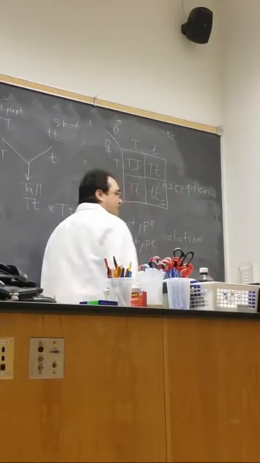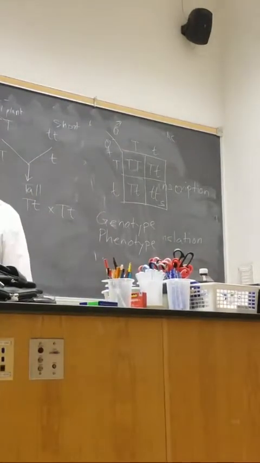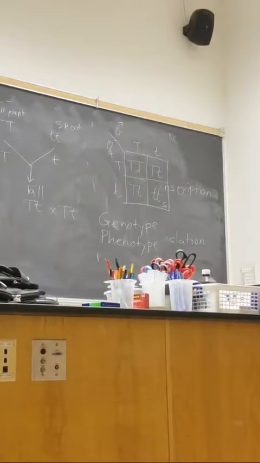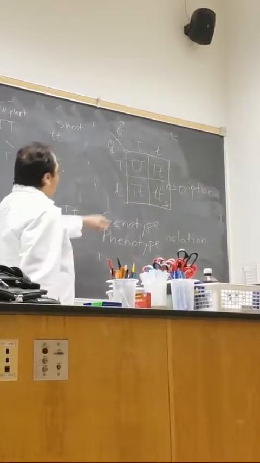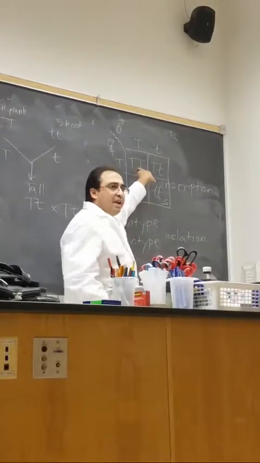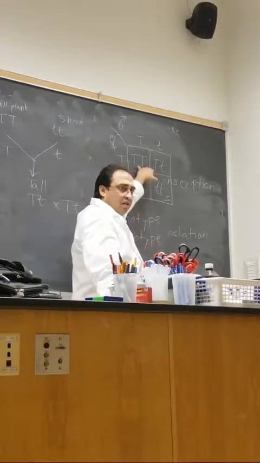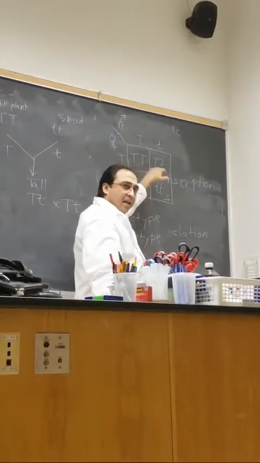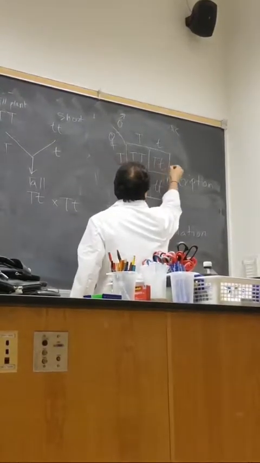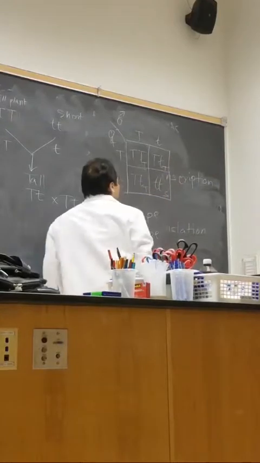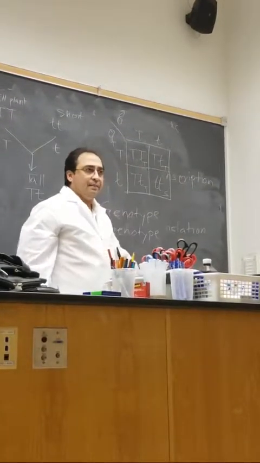It can be pronounced in several ways, but these are the terms. So we have the genotype, capital T, but the phenotype is tall. Clear? Phenotype is tall, tall, tall, but we have the genotypes like this.